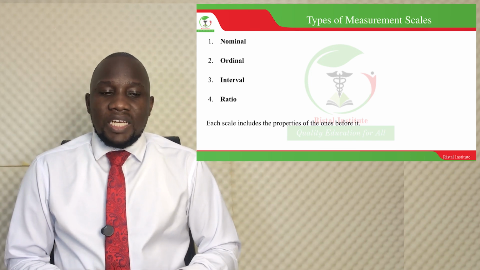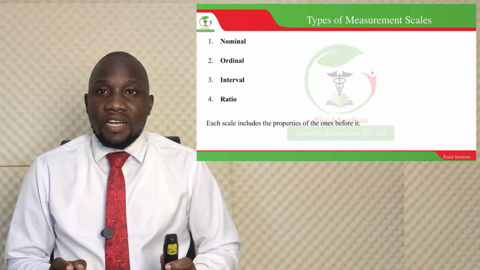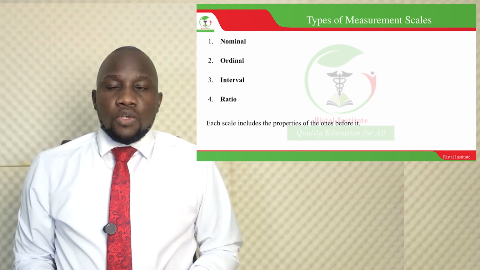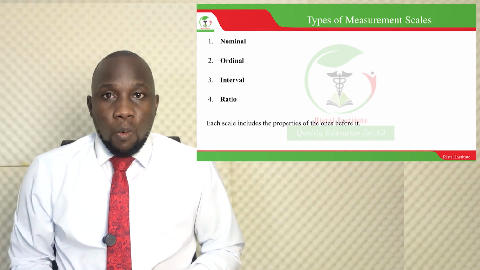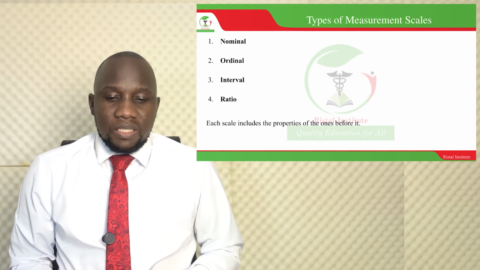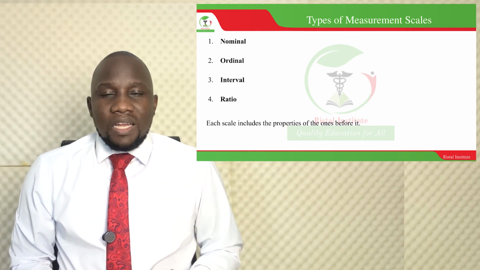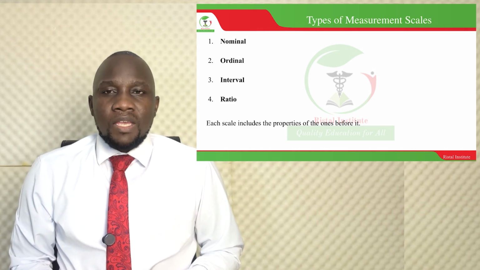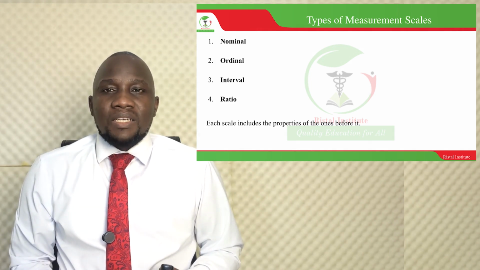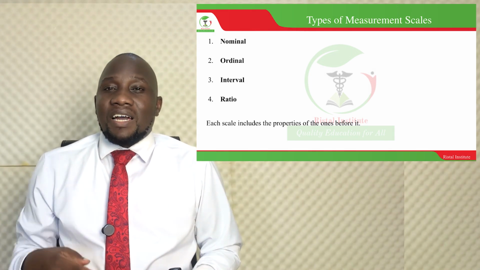Okay, so ordinal data and nominal data, these are not new terminologies as far as these sessions are concerned. So we have a statement, and that statement is quite important. That statement is: each scale includes the properties of the ones before it. So if we look at the properties of nominal scale and then the properties of ordinal scale, what that statement means is that the properties of nominal scale are also the properties of ordinal scale, and then we can add others.